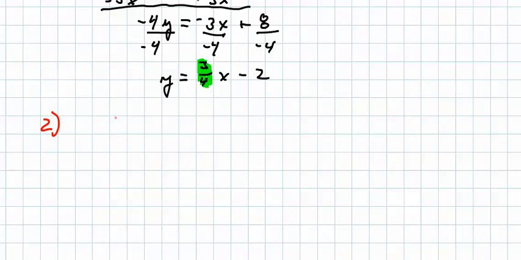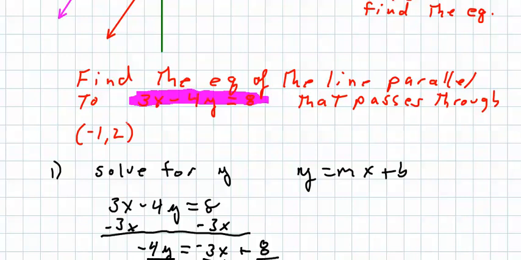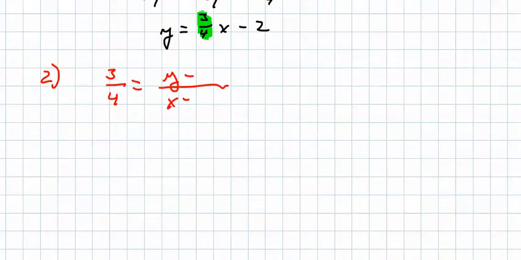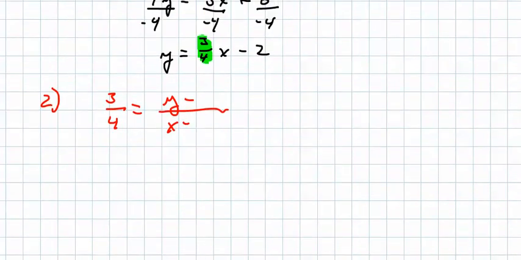So step 2, find the equation using point slope. The equation is 3/4 equals y minus over x minus. And now I look at what point I'm using. I'm using this point right here, -1, 2. So I'm going to write that down. -1, 2. I have to go through that point.